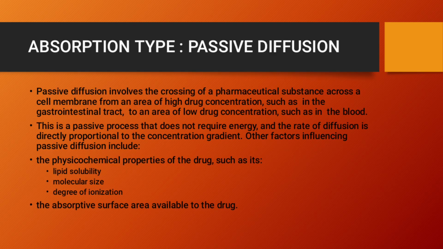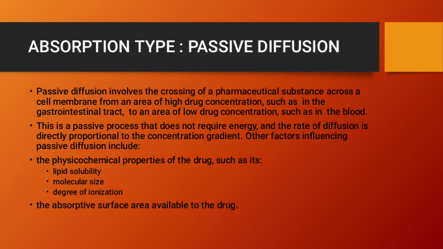Absorption type: passive diffusion. Passive diffusion involves the crossing of the pharmaceutical substance across the cell membrane from an area of higher concentration, such as in the gastrointestinal tract, to an area of low drug concentration, such as in the blood. This is a passive process that does not require energy, and the rate of diffusion is directly proportional to the concentration gradient.